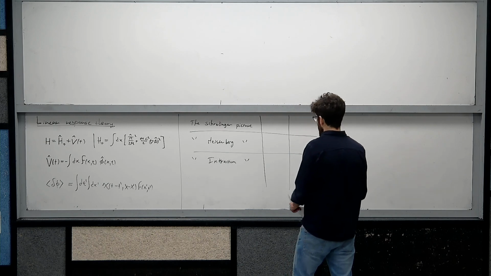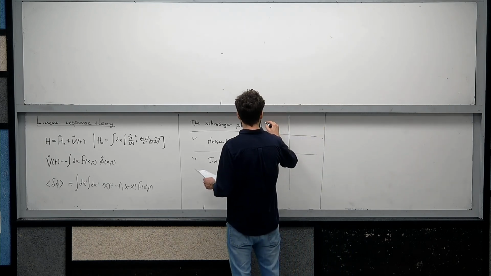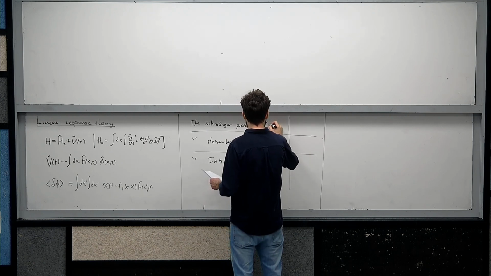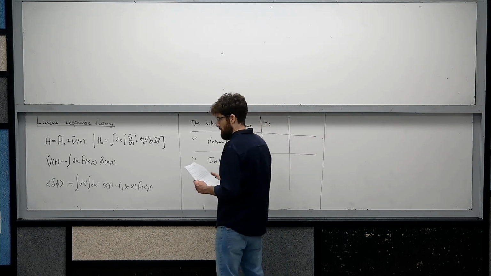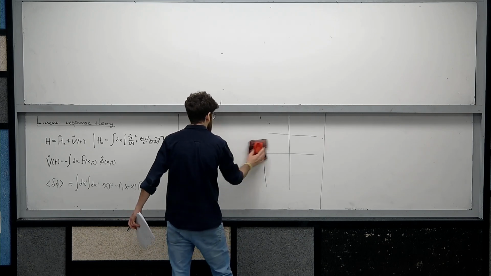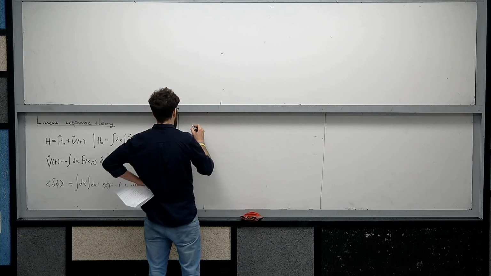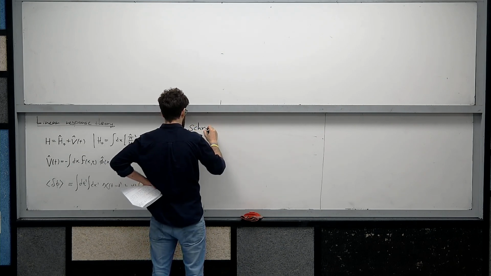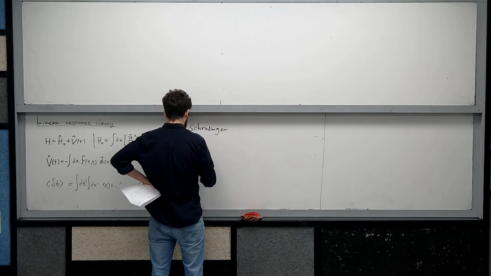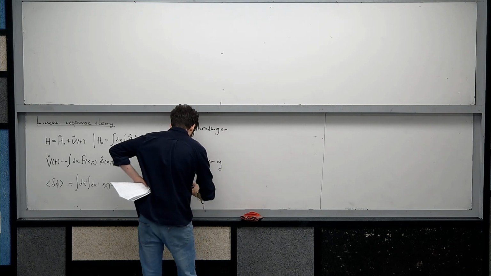So we have wave function evolution. You know what? Hold on. Let me make this table clear. Let's write it like this. So we have Heisenberg and interaction.